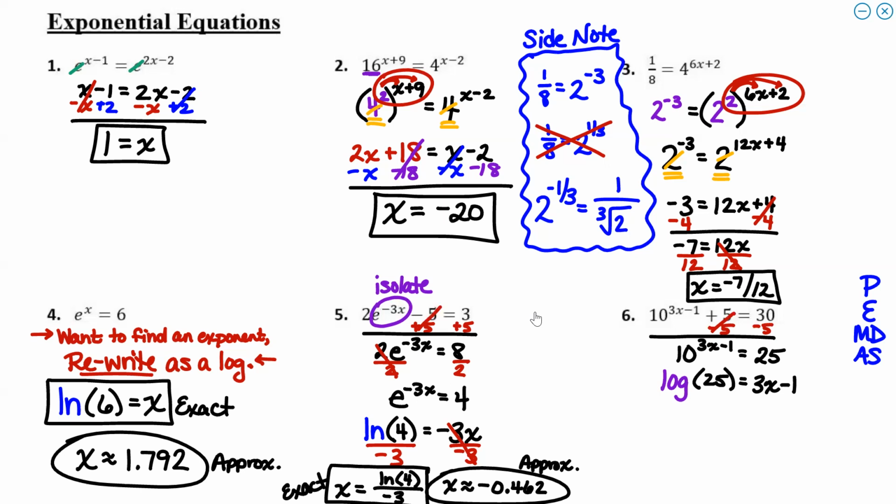How do I get x all by itself again? Divide. I'm going to divide by 2 natural log of 3 minus natural log of 2.